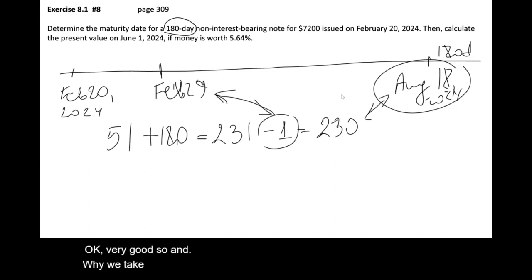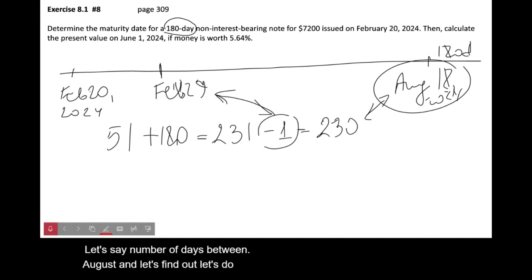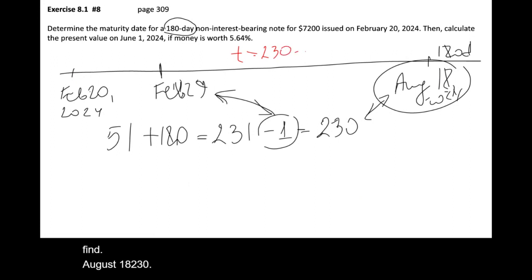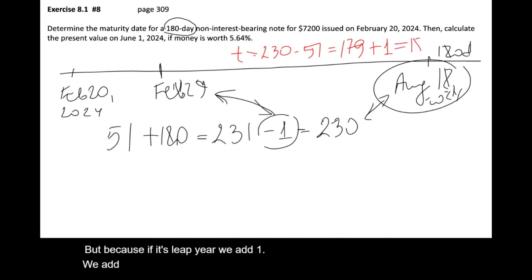And why do we take away, not add? Well, let's do the reverse problem. If you find August 18, 230 minus 51, what is that? 179, right? But because it's a leap year, we add 1. We add that February day because it's 1 extra day.